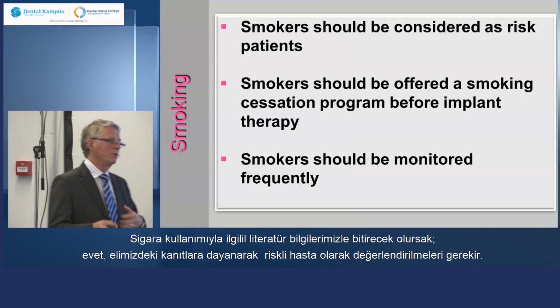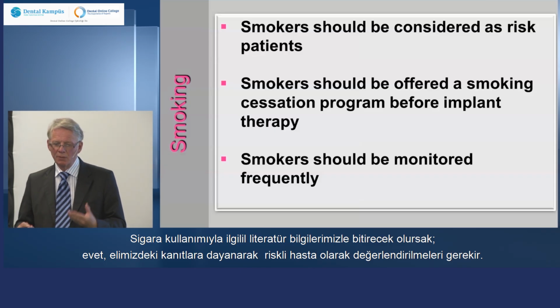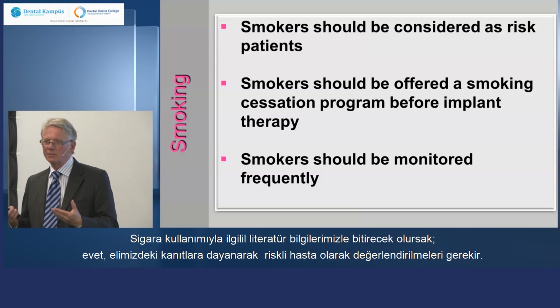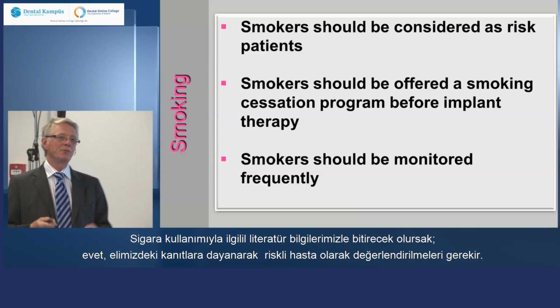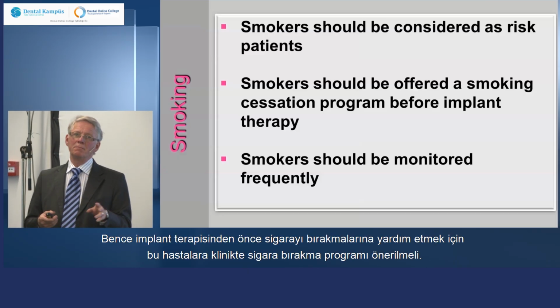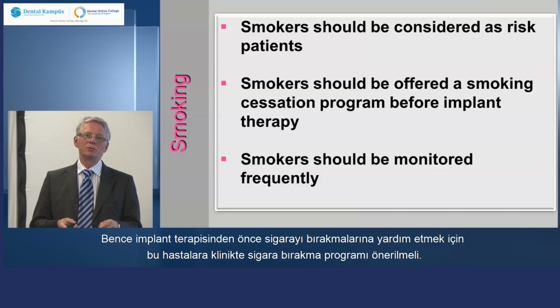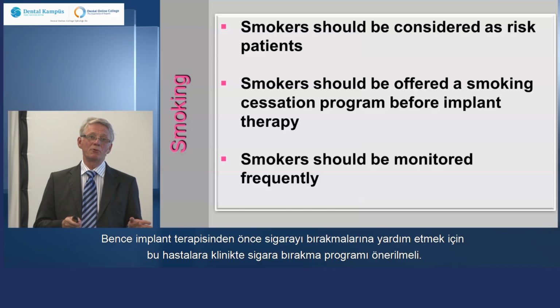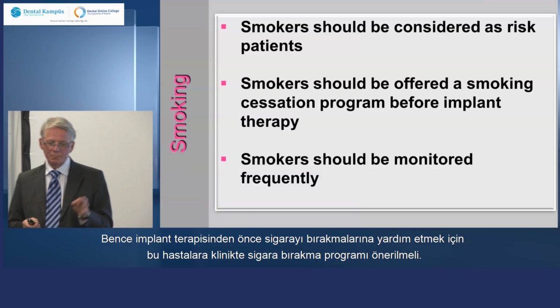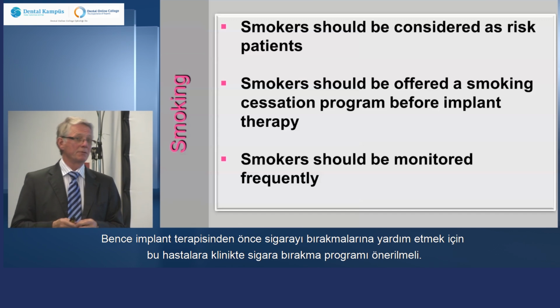So when we conclude from the literature what we can say about smokers, we can say that, based on the available evidence, they should be considered as risk patients. In my mind, smoking patients should be offered a smoking cessation program in the clinic to have them stop smoking before we even put the implants in the mouth.